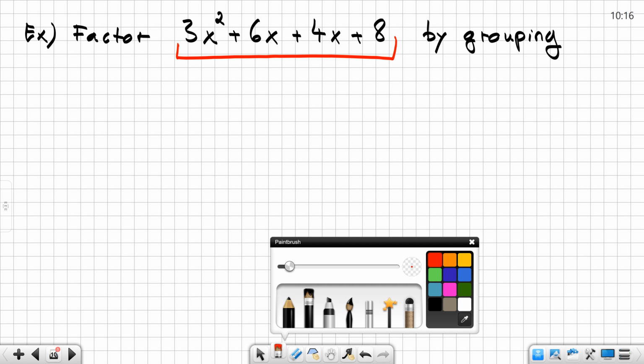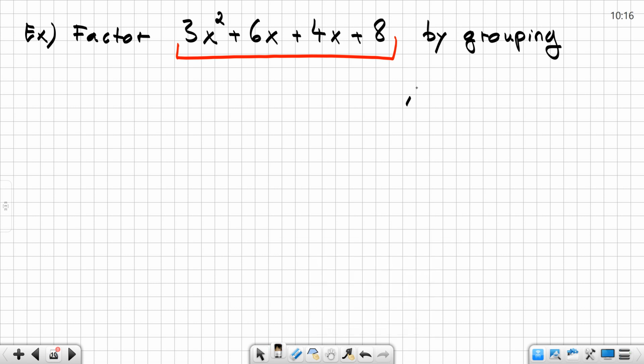First, notice there is no GCF. There is no common factor between all of these terms whatsoever. 3, 6, 4, and 8 do not have a common factor. And the last one doesn't even have an x, so there is nothing really that I can do if I wanted to factor it directly.